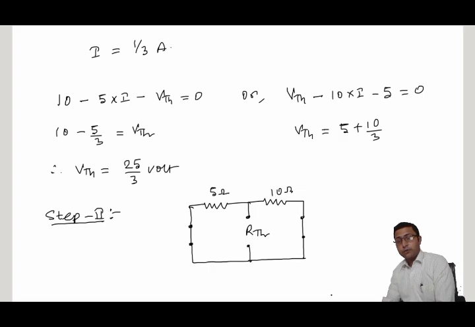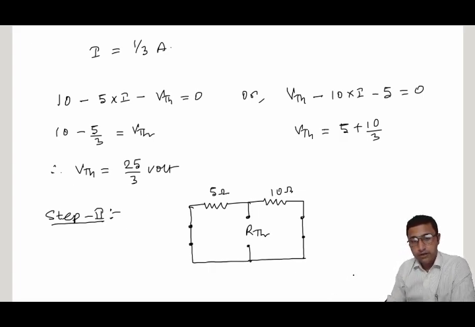To measure the RTH, it is the same process as measuring R Norton, which I have already shown in my previous lecture. Imagine a fictitious voltage source in place of RTH. As per the fictitious voltage source, if the current is flowing through this side, it will divide. One part flows through this 10 ohm, another through this 5 ohm.